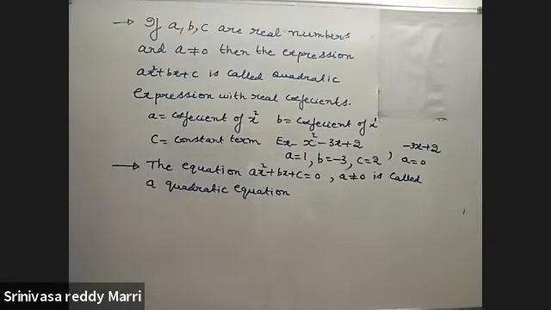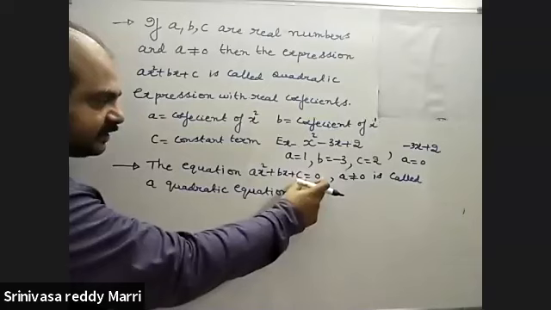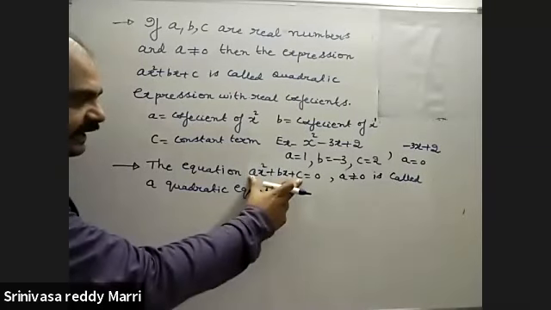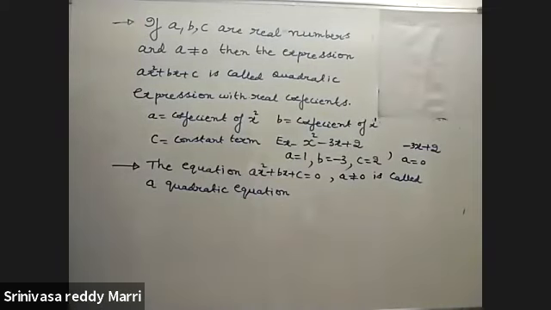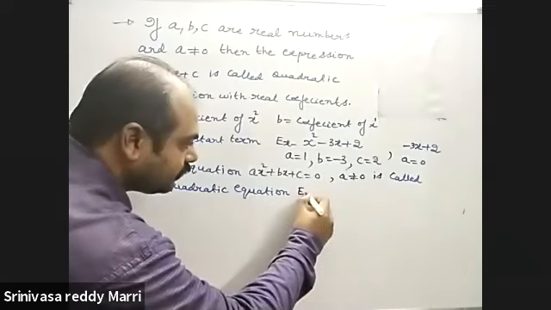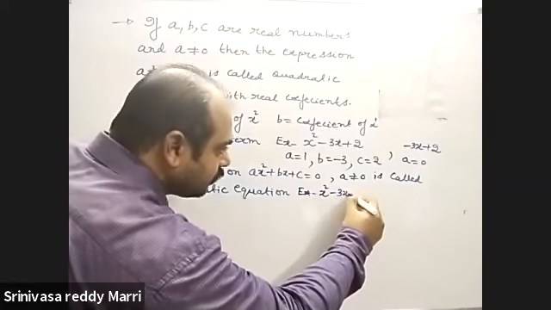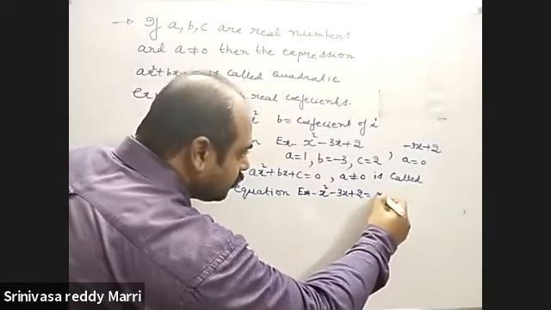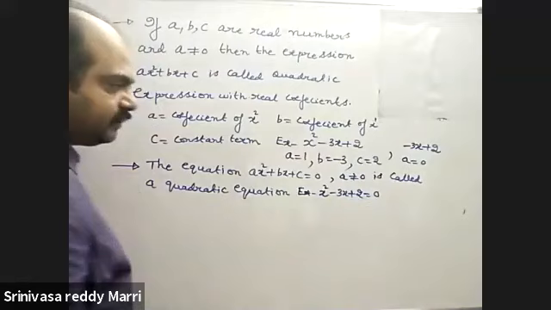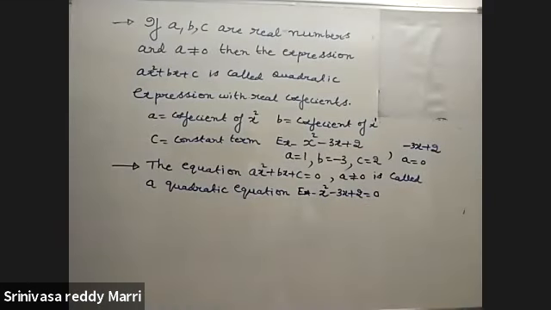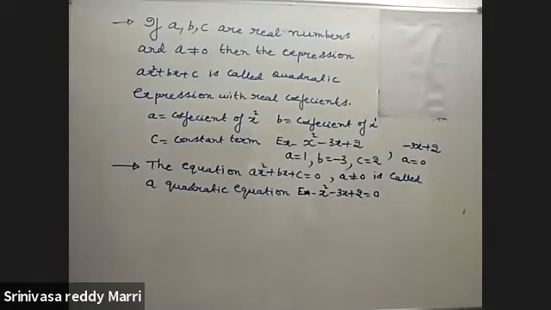Just equate that expression equal to 0. That means the right hand side 0 will be there, and the left hand side a quadratic expression will be there. That means a second degree expression equal to 0 is called a quadratic equation. Example, x square minus 3x plus 2 equal to 0. That is called a quadratic equation.